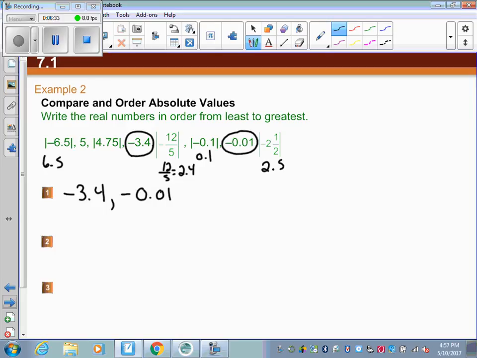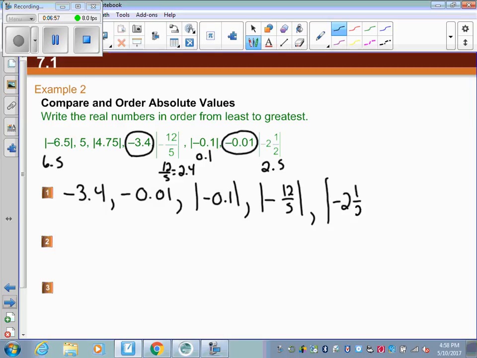And the next smallest one is, okay? And after that, the next one would be negative 12 over 5. The next one is negative 2.5.